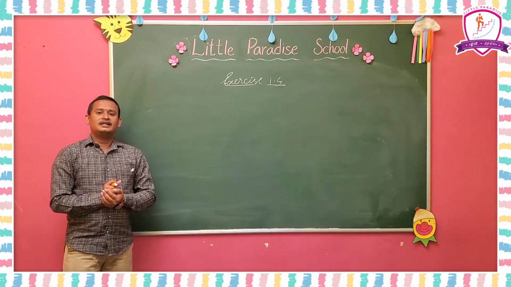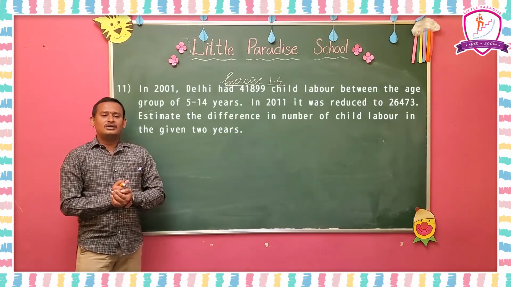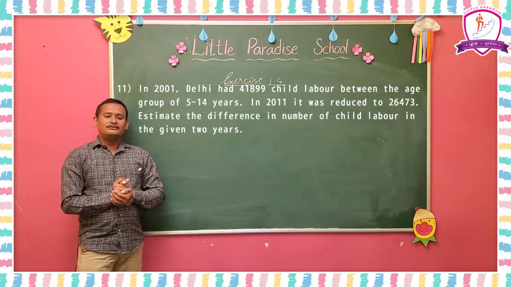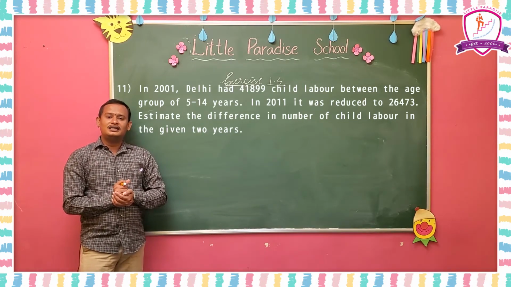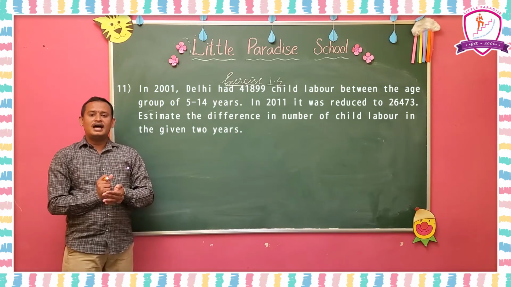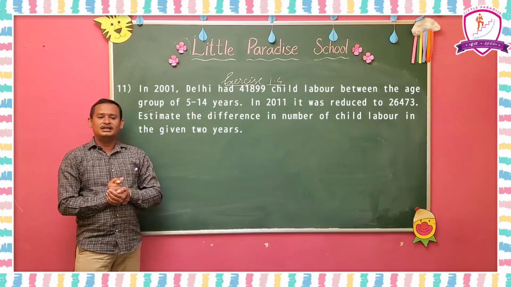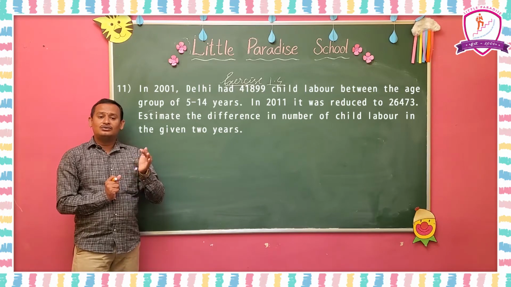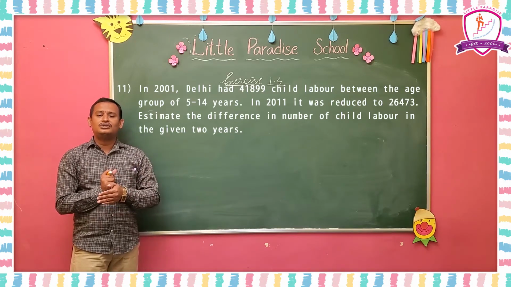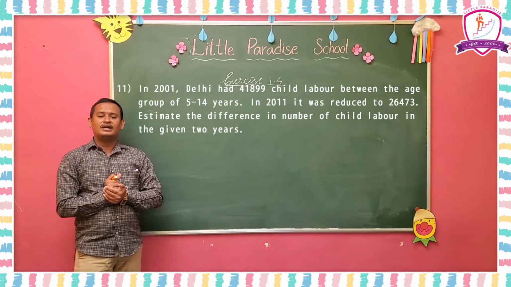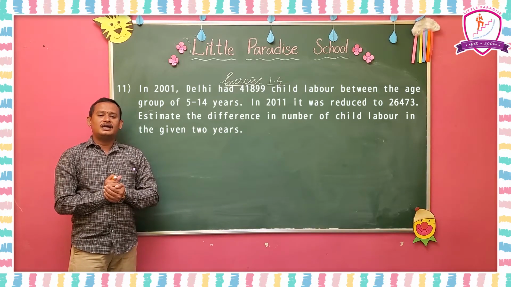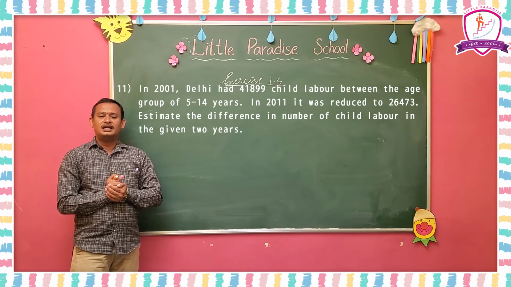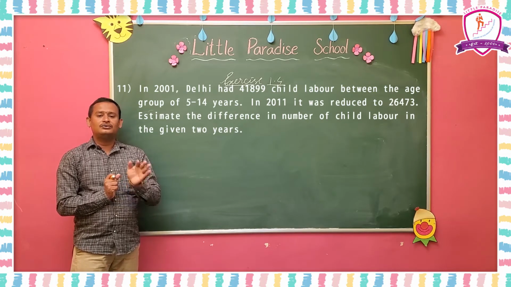I am going to explain the 11th question. In 2001, Delhi had 41,899 child laborers between the age group of 5 and 14 years, and in 2011 it was reduced to 26,473. Estimate the difference in the number of child laborers in the given two years.